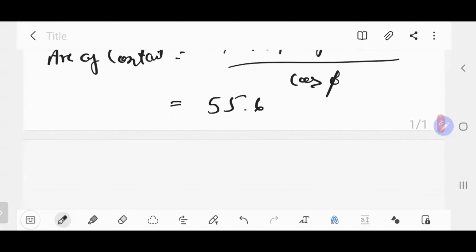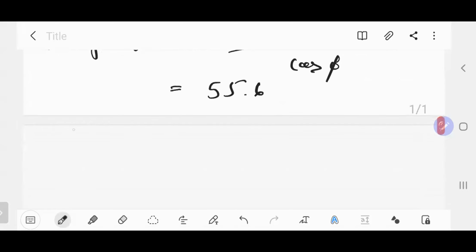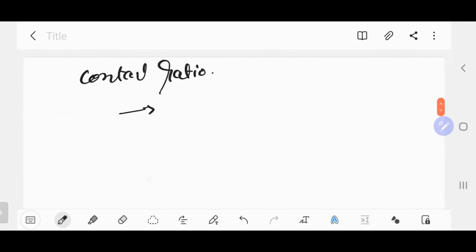Now the next thing, or we can say the last thing that we need to calculate over here, is what? Contact ratio. So what is the equation for the contact ratio? Anyone remembers?